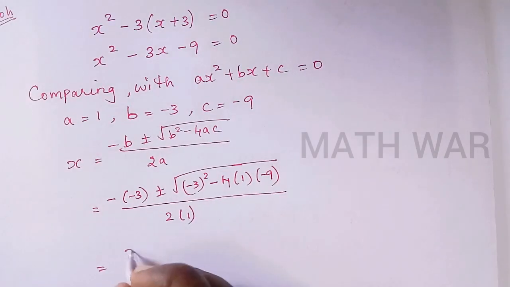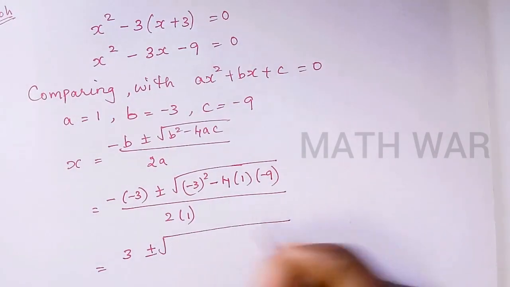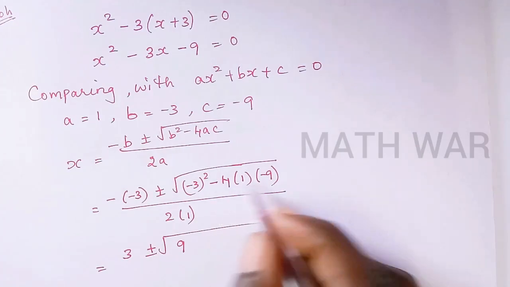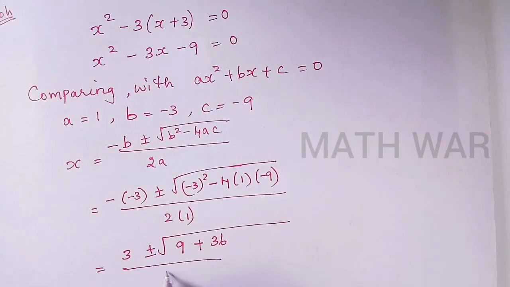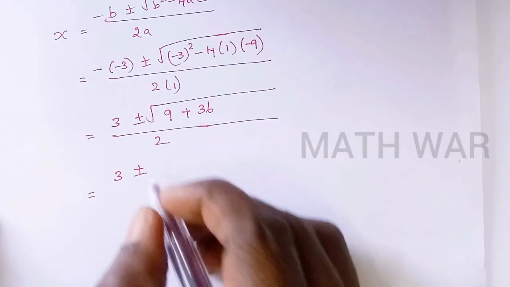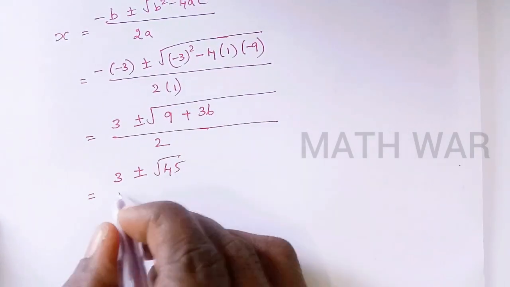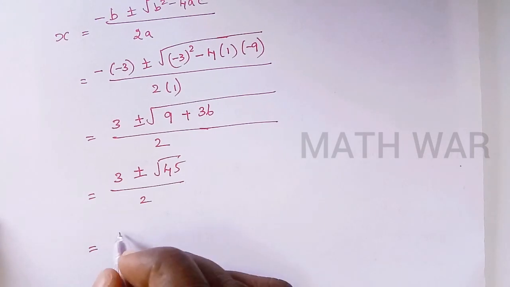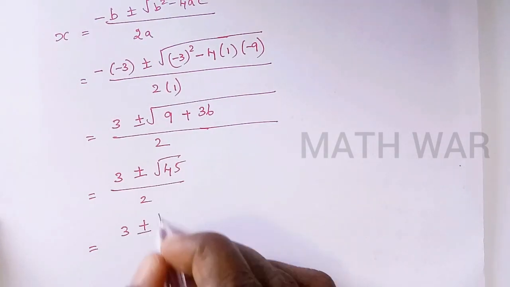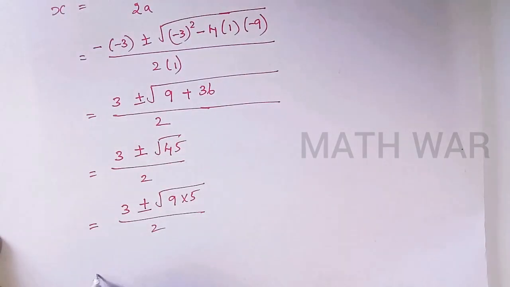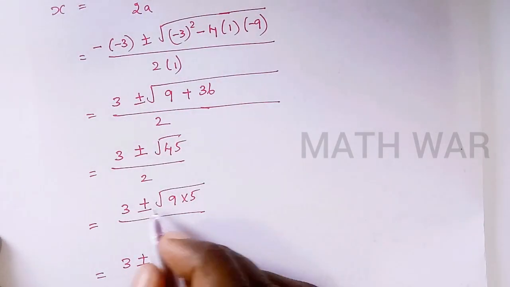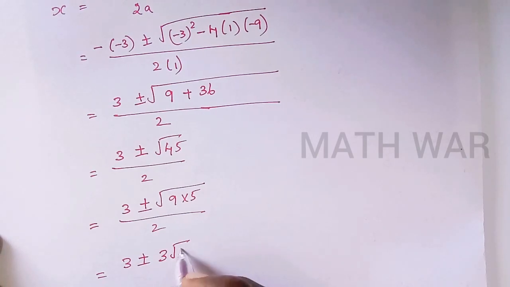That is equal to 3 plus or minus square root of 9 plus 36, 4 nines are 36, by 2. That is 3 plus or minus square root of 45 by 2. 45 can be written as 9 into 5, so 3 plus or minus 3 into square root of 5 by 2.